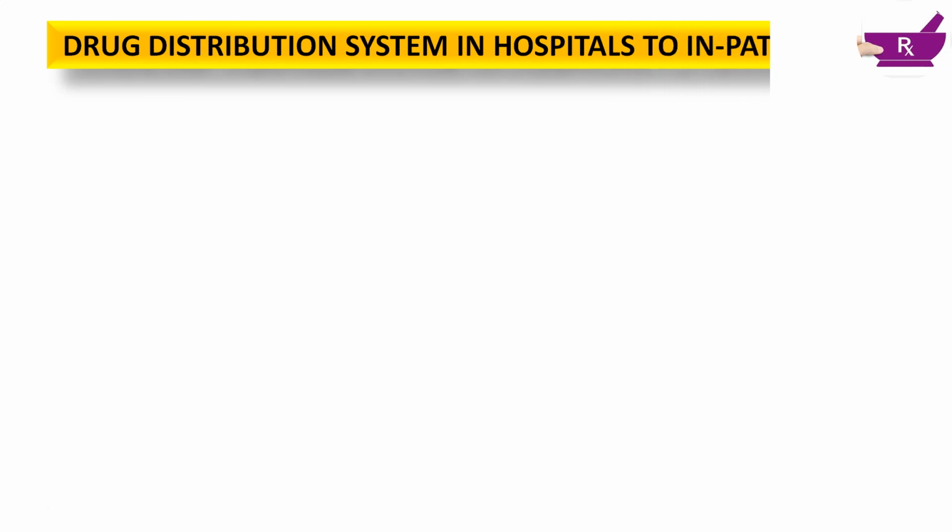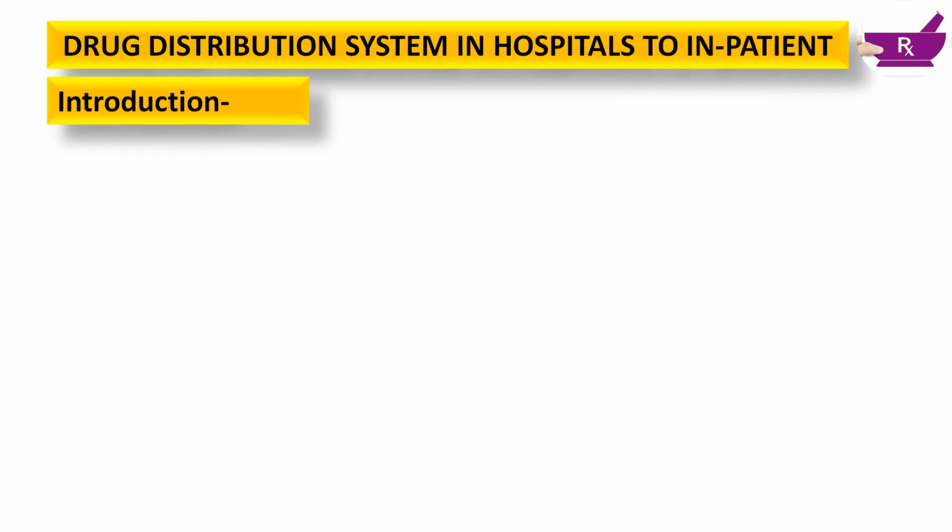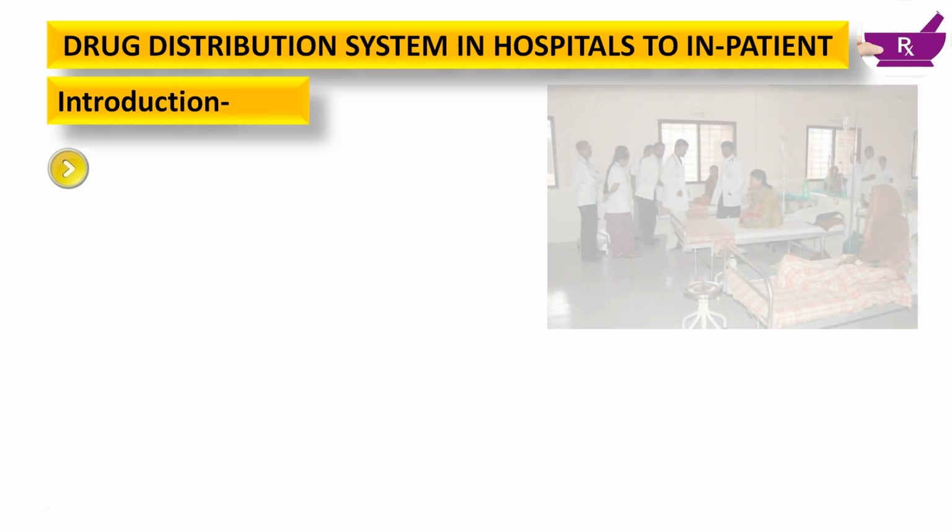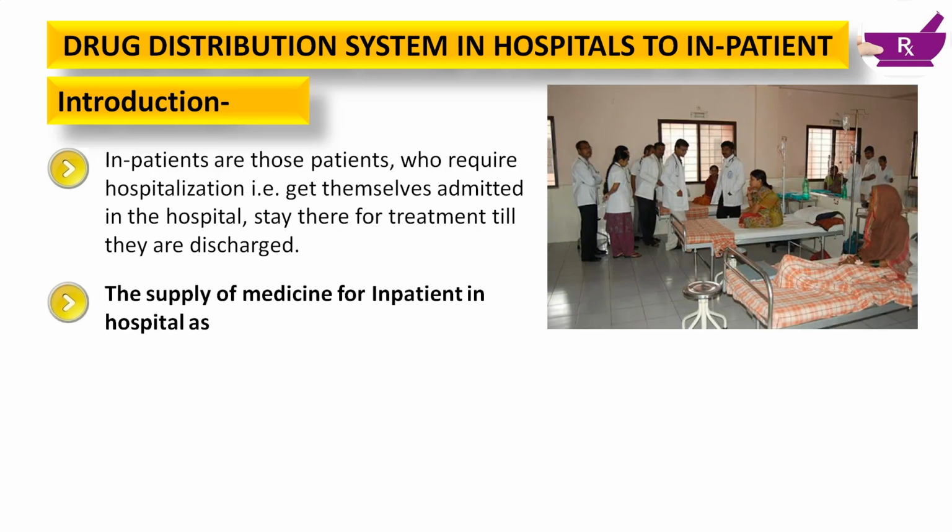Now, drug distribution system in hospitals, and we are concentrating firstly on inpatients. Inpatients are those patients who require hospitalization. That is, they get themselves admitted in the hospital and stay there for treatment till they are discharged.